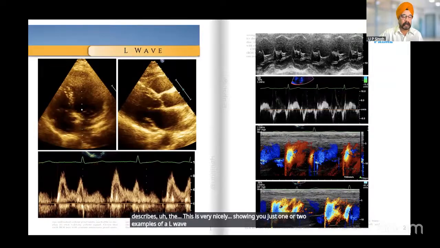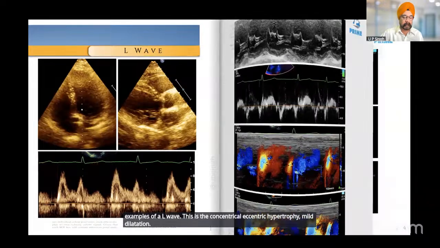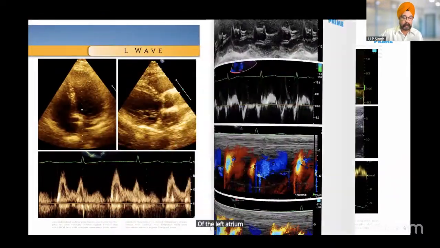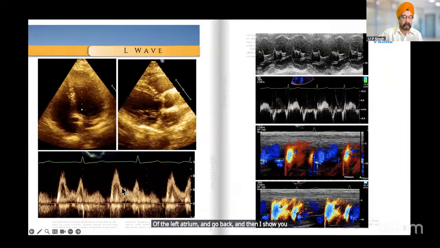This is concentric left ventricular hypertrophy with mild dilatation of the left atrium. Let me go back, and then I show you this is the L wave, which is again less than 40 centimeter per second. You notice the L wave in the mitral valve, and you notice the L wave in the tissue Doppler.